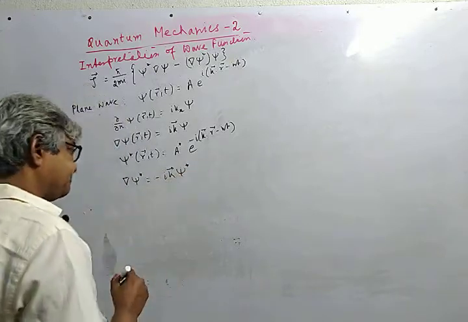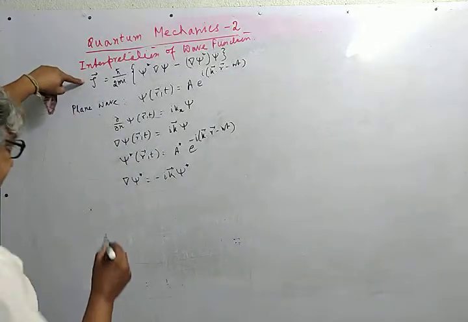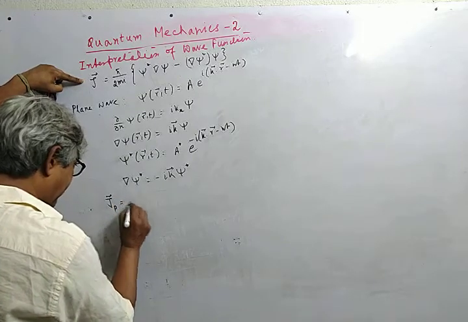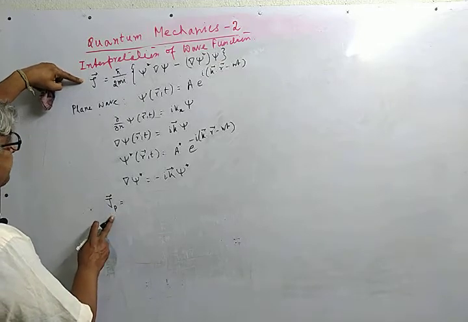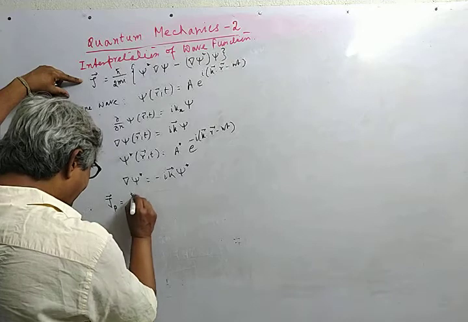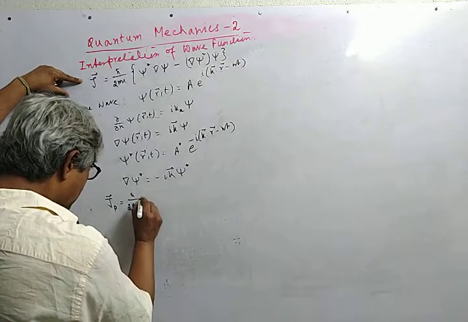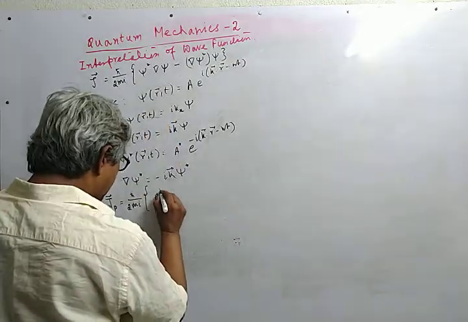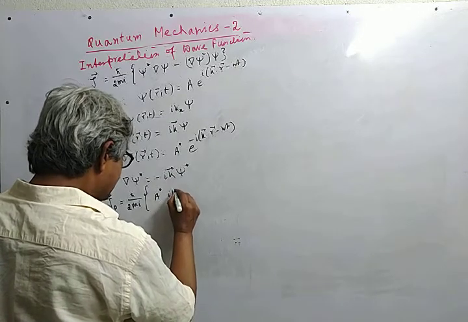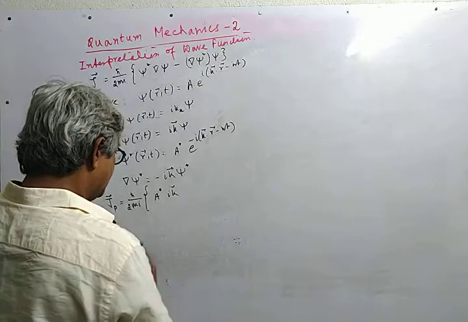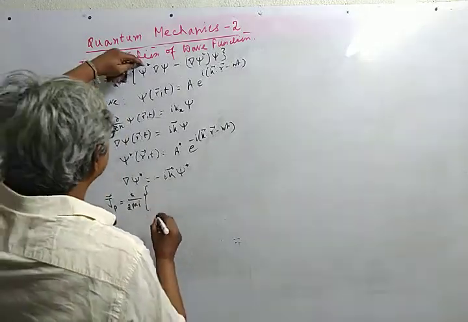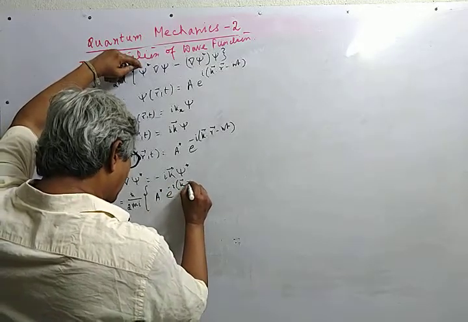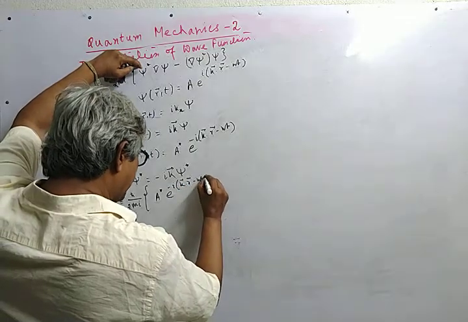So if we put all these quantities in this expression, J, the probability current density for a plane wave, to remind that it is the result for a plane wave, I have put a suffix P. From this part I will have A star e to the power minus i (k dot r minus omega t).